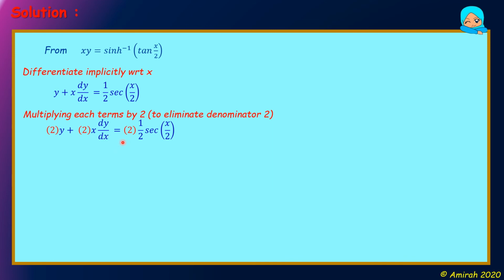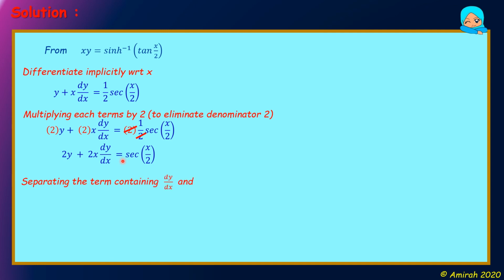After we multiply by 2, we can simplify the 2 in the denominator and the 2 here. So after we simplify, we have 2y plus 2x dy dx equals sec x over 2. No more denominator, no more half and 2 here.